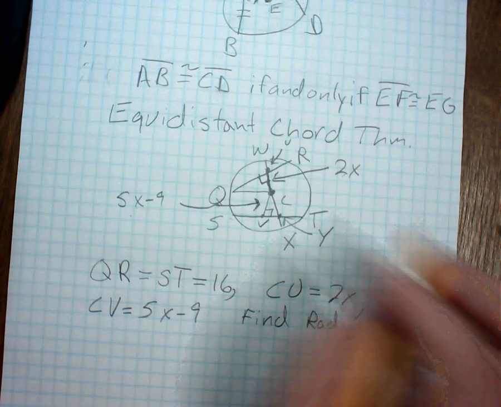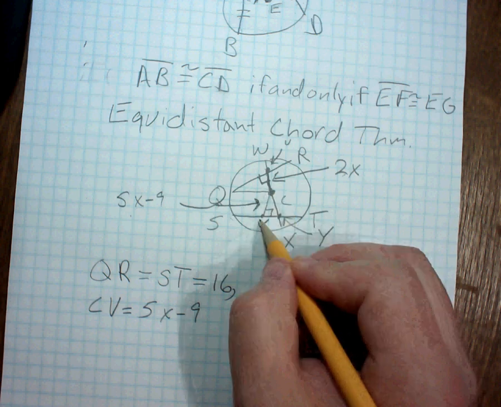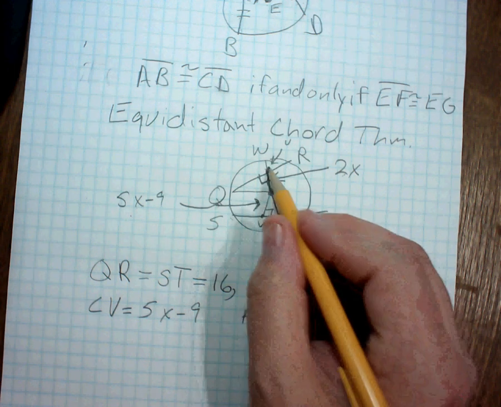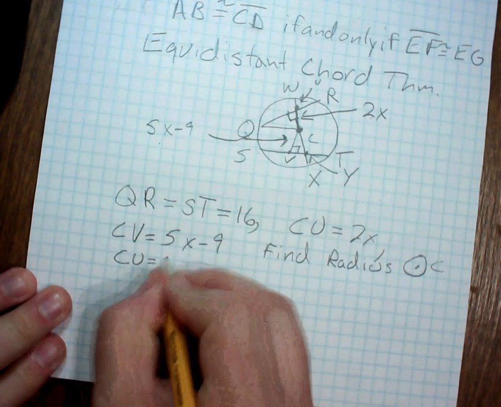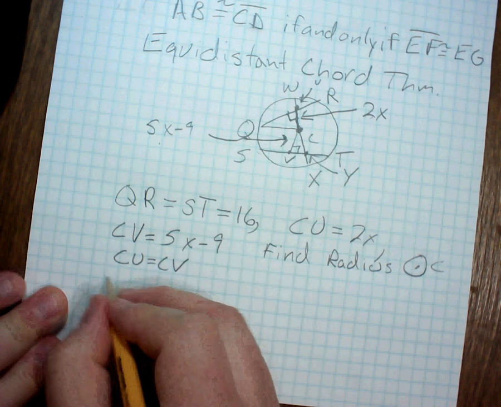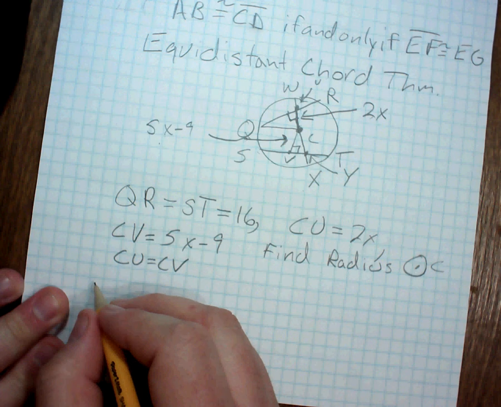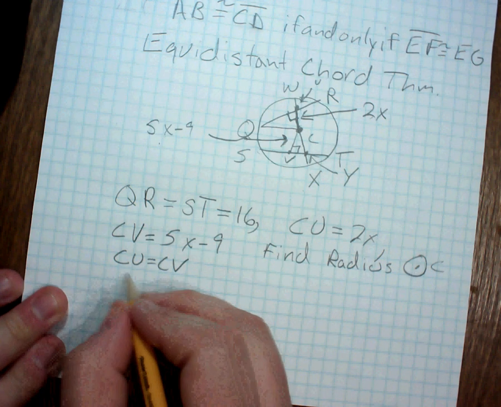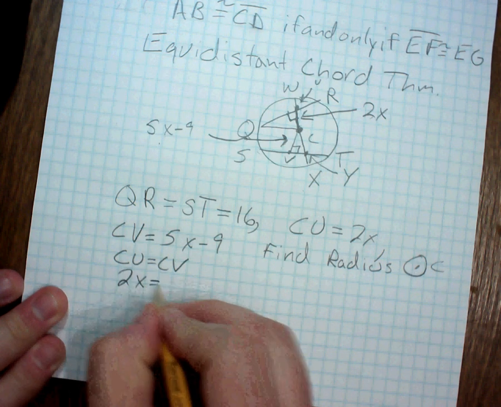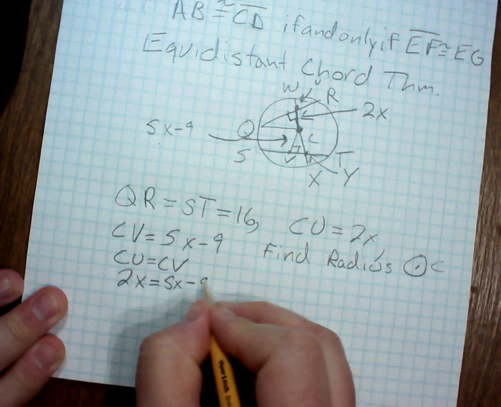And so in order to solve this, I know for a fact that CU, because the textbook tells me that, equals CV. So if I say CU equals CV, then CU, which is actually 2x, is equal to 5x minus 9.